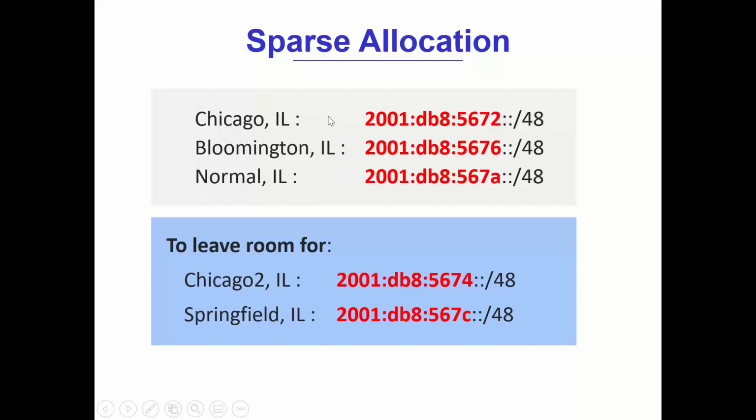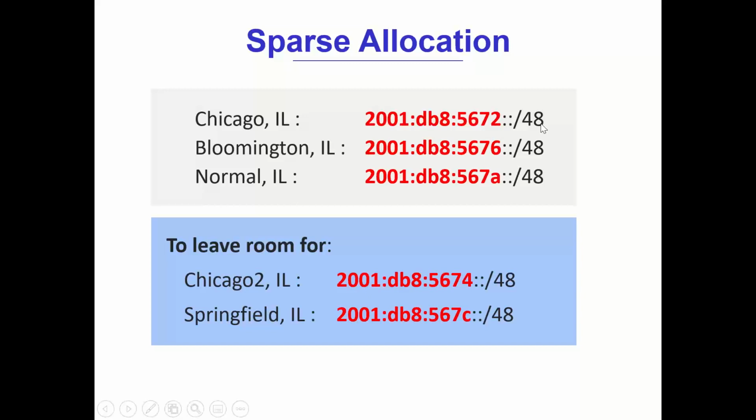You also want to probably leave some room because, again, these three cities are in very close proximity to each other. So if we use a /50, this prefix, even 56.7, that will probably aggregate just fine.